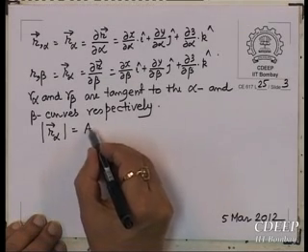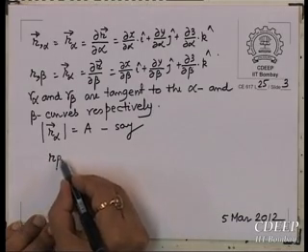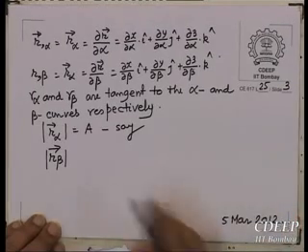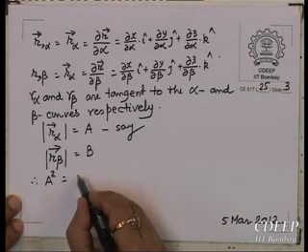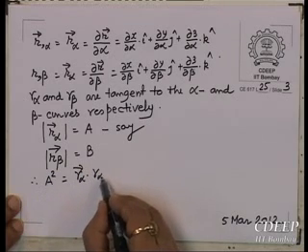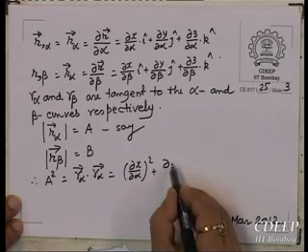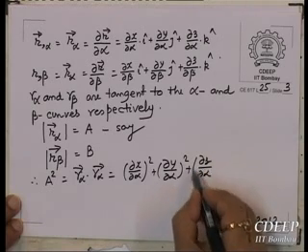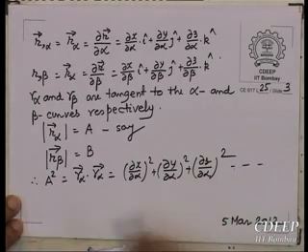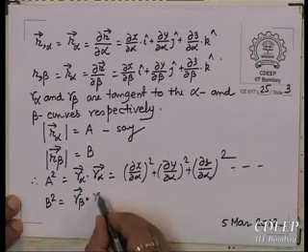Let us call that A. Similarly, the length of R beta, let us call it B. So I can write A square equal to R alpha dot R alpha, and B square will be R beta dot R beta.